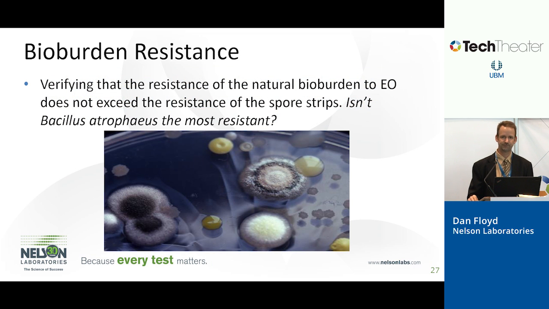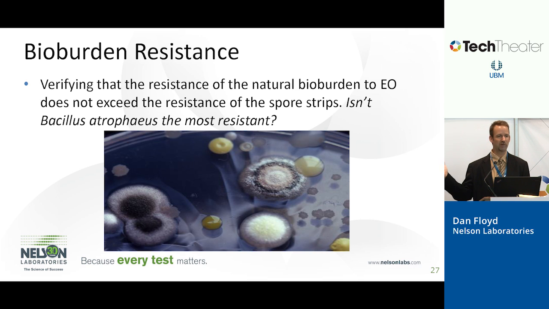Another test we do is similar to the comparative resistance test, in that in that test we actually inoculated the spores into your device. This one we just want to find out, of all these things that are on the device through that handling and through the environment, are any of these things going to be overly resistant? Anything that has extreme resistance to ethylene oxide? Because if you remember, when we're monitoring the cycles, we're testing that biological indicator that just has that spore strip on there.